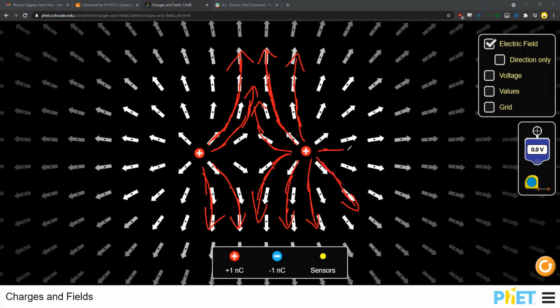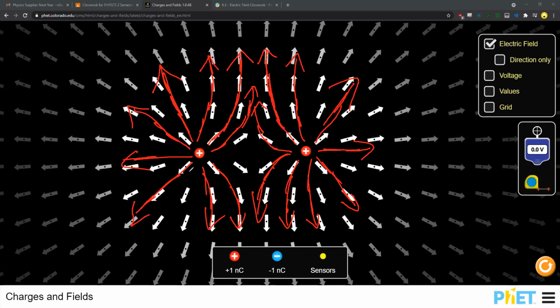Well, they kind of curve near the middle, but near the outer edge, they don't really curve all too much. Once you get to the outer edges, they're not really curving. So this is what an electric field would look like for two positive point charges.